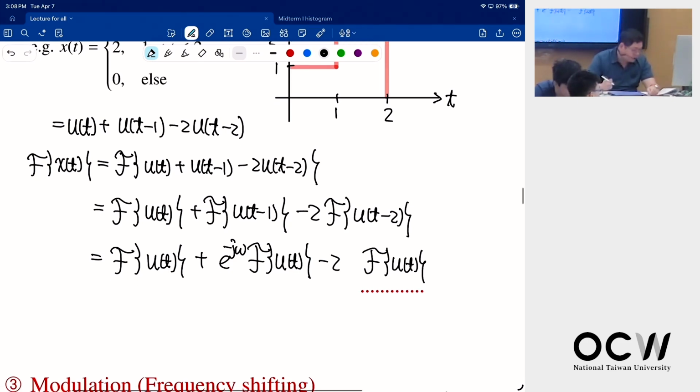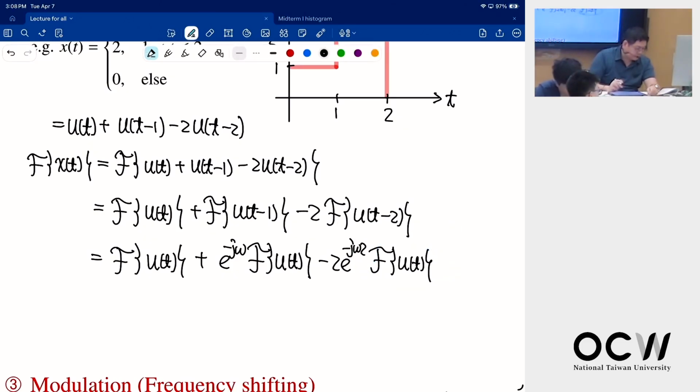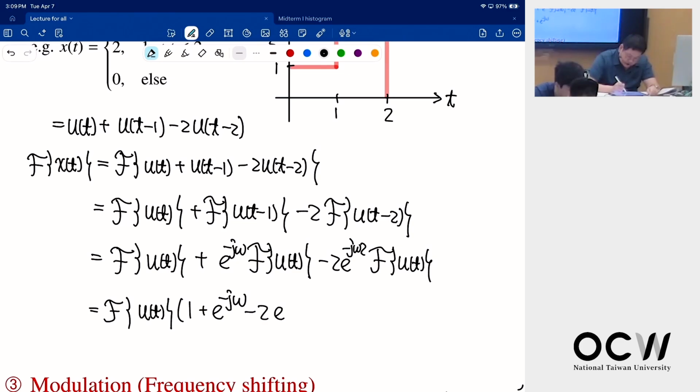So I have e to the minus j omega 2. So you have the Fourier transform of the unit step function times 1 plus e to the minus j omega minus 2 times e to the minus j 2 omega.